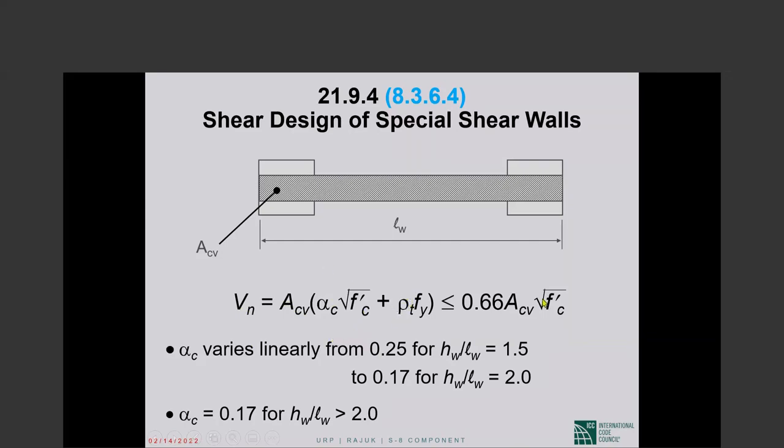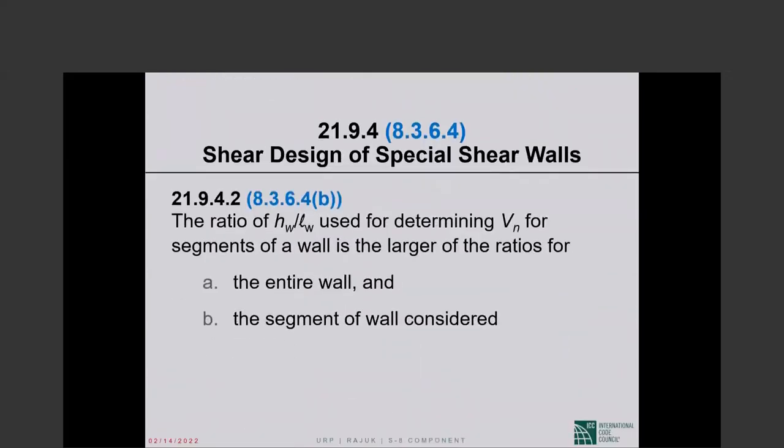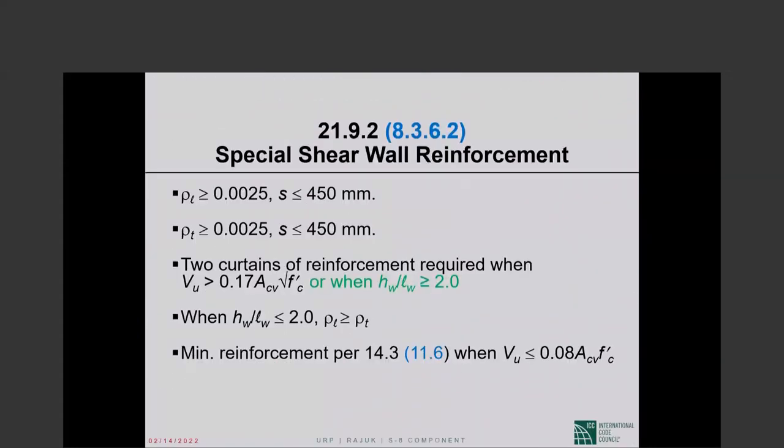So that tells us how to figure out how much horizontal shear reinforcement we need. This is a detail. The height to length ratio used for determining V sub n for segments of a wall is the larger of the ratios for the entire wall and the segment of wall considered. That is a detail that I don't know how important it is.